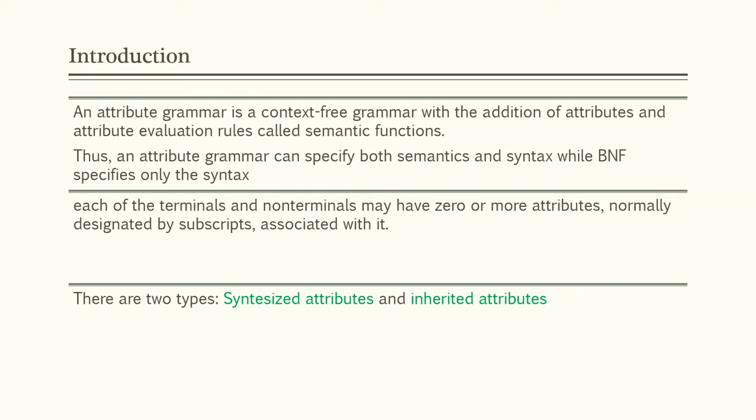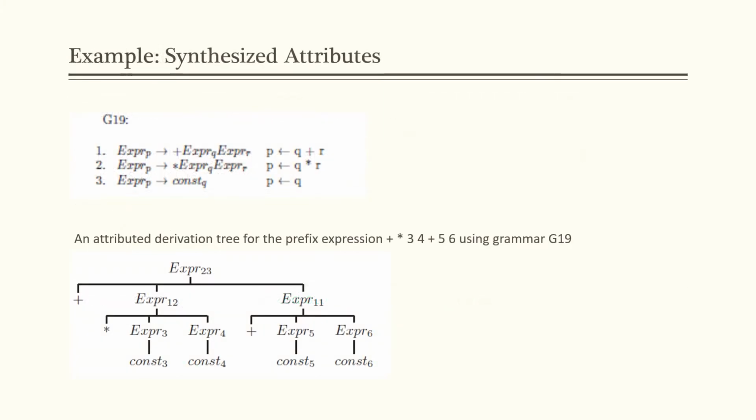There are two types of attributed grammar: synthesized attribute as well as inherited attribute. This is an example of a synthesized attribute, grammar G19.